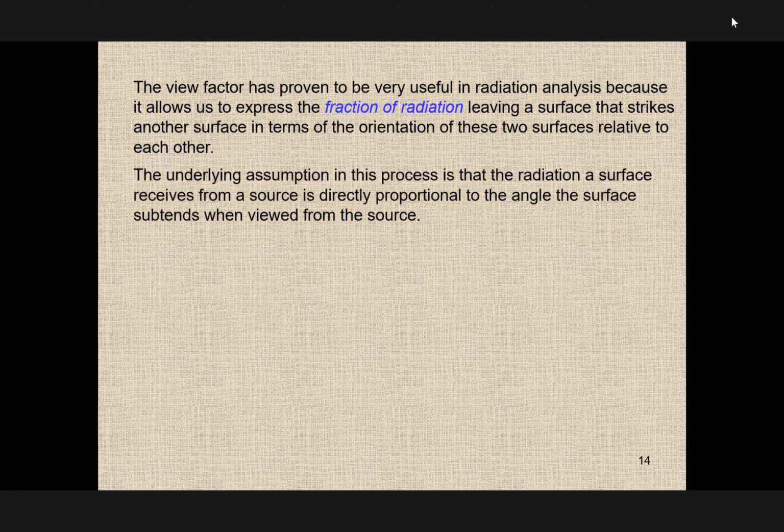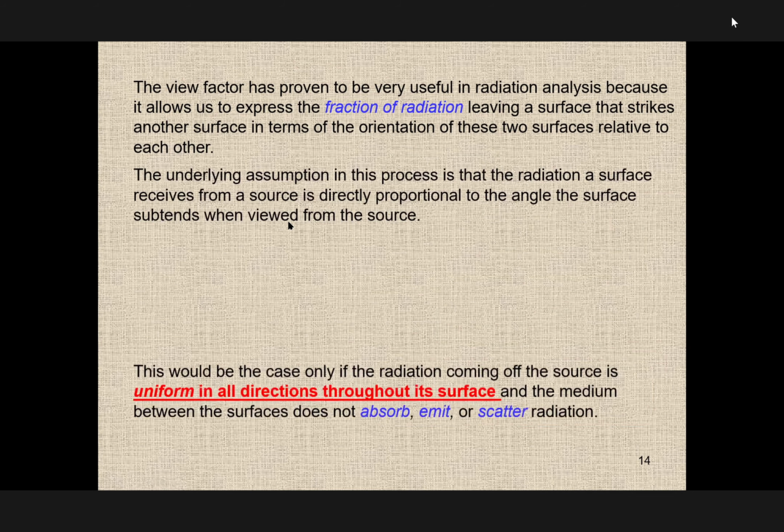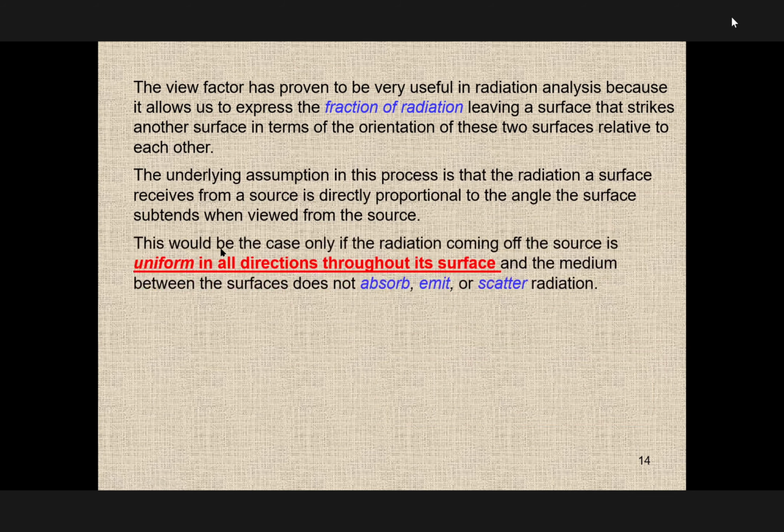The second part mentions the underlying assumption in this process: that the radiation received on a surface from another surface is directly proportional to the angle the surface subtends. Again, we are going to calculate those here. This would be the case only if the radiation coming off the source is uniform in all directions throughout its surface.